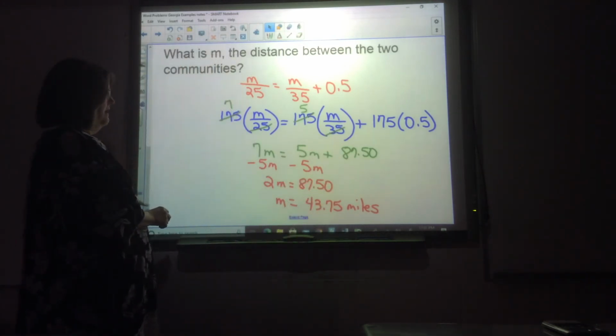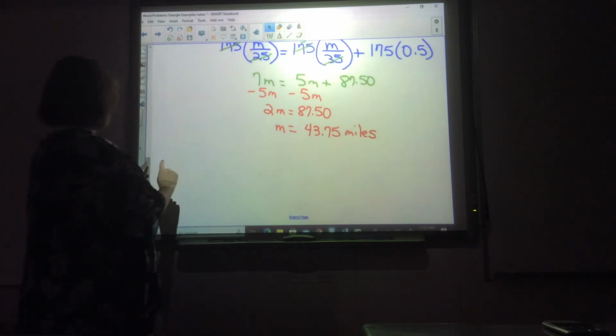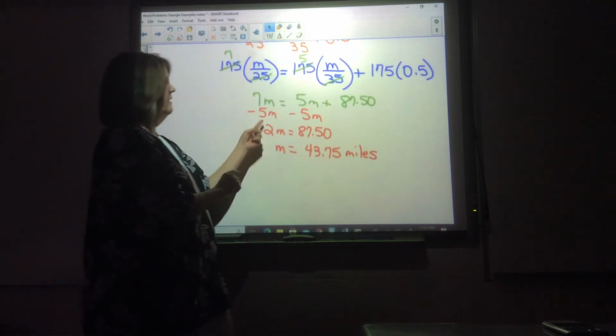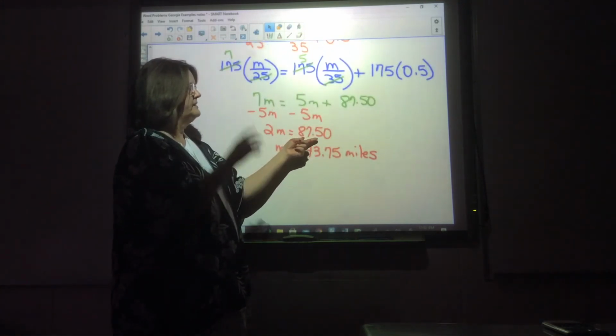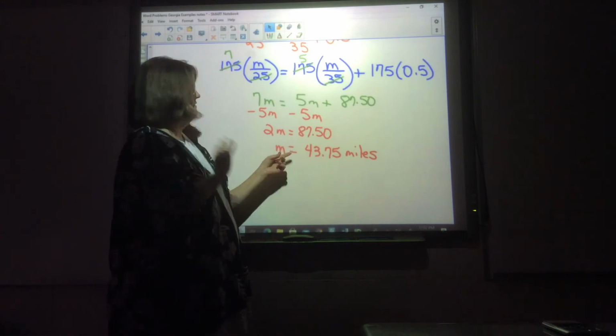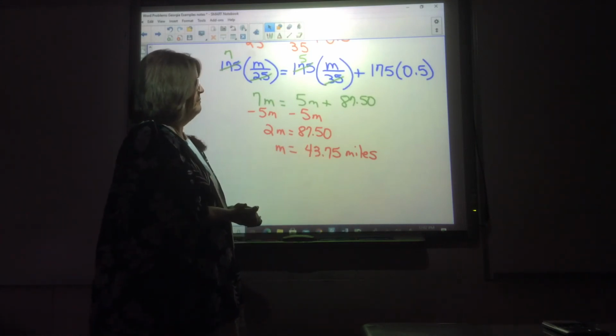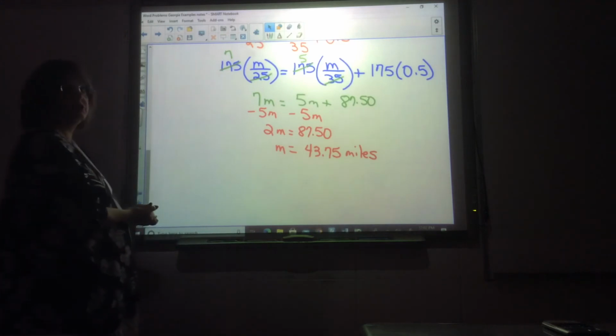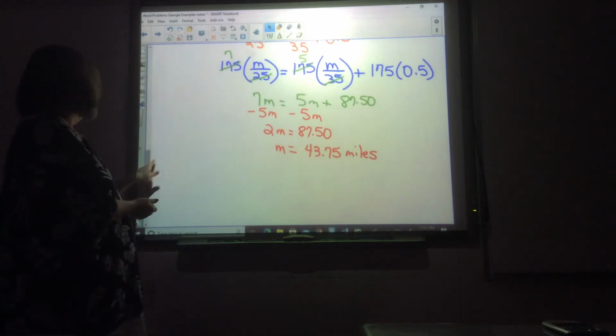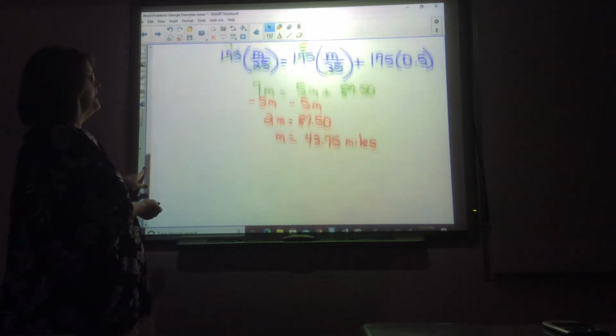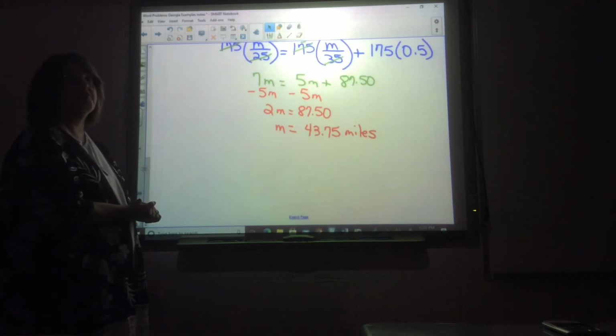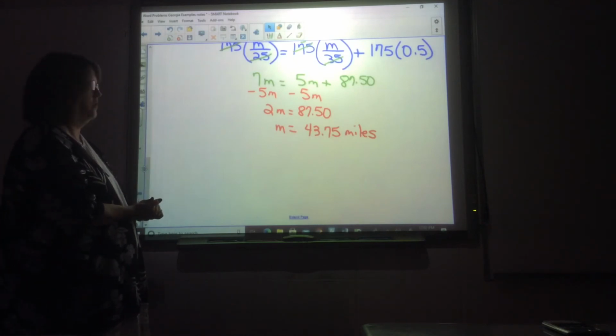Now I'm going to move my 5m over to the left side. That's going to give me 2m equals 87.5. And then you divide it by 2, and that gives us 43.75 miles apart. Or, what did it ask? What is the distance between the two communities? So they are 43.75 miles apart.